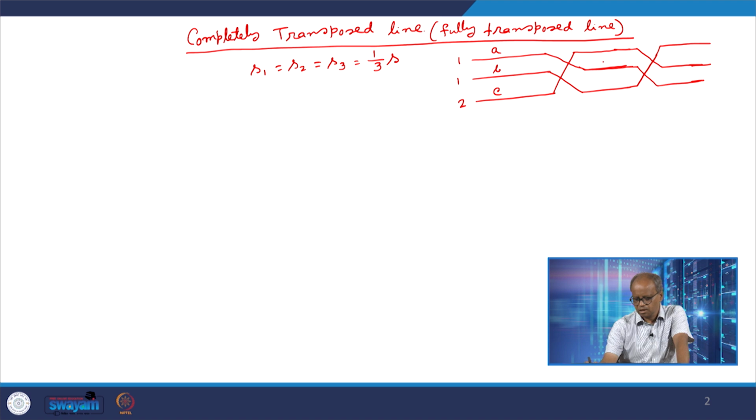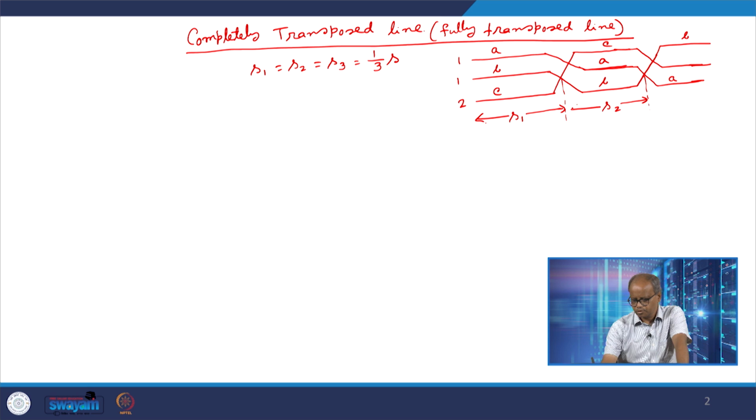So this is A, then B, this is C, and then this is B, this is B, and this is C. And the distances are, that this distance is S1, this distance is S2.